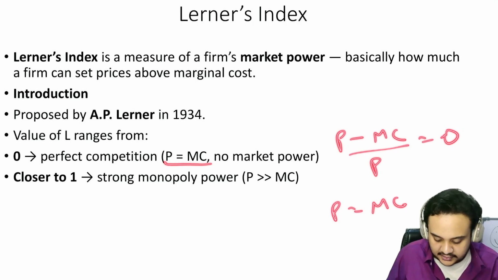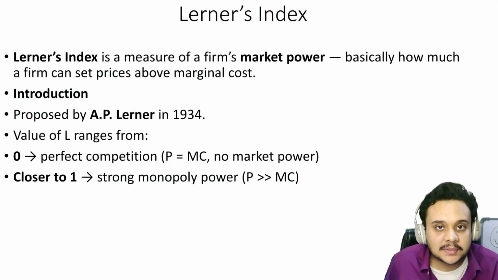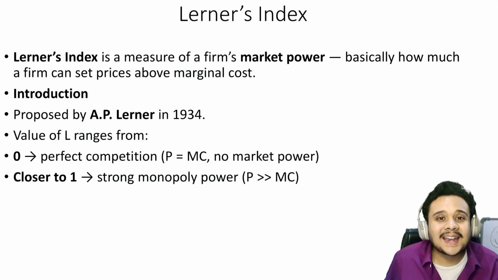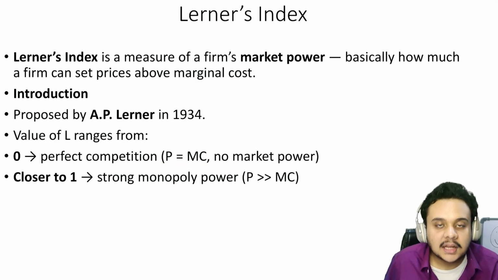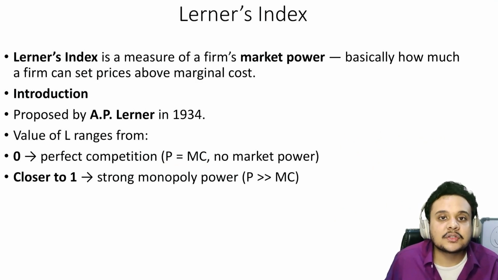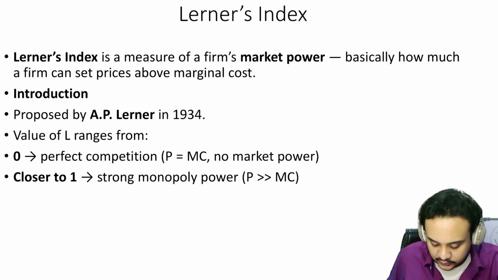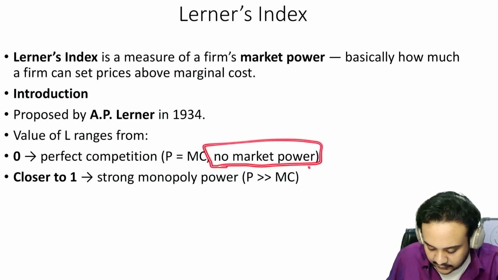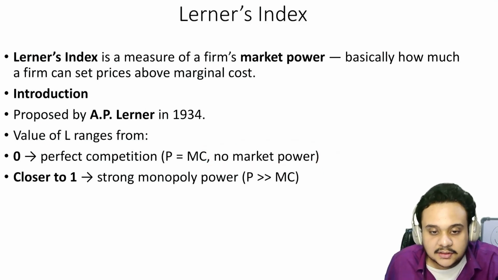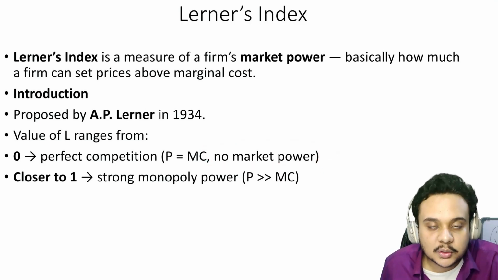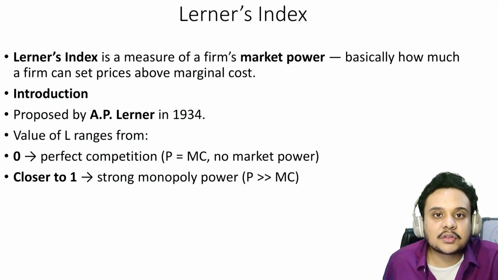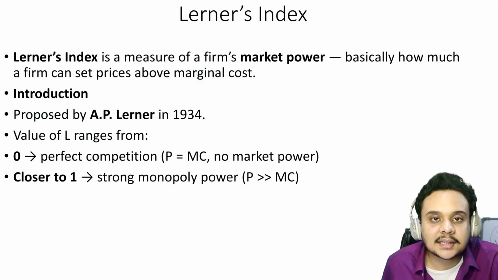Whenever you see P equal to MC, without a doubt in your mind, you have to say this is perfect competition, because in no other case is P equal to MC. So here there is no market power with the firm. As you go closer and closer to 0, the market power of the firm continues to decrease.